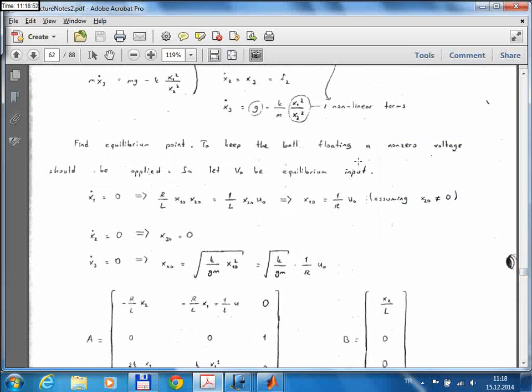Let's say V0 is the amount of the voltage applied. And the equilibrium point around that is given by this: the steady state value of the current is this much, and the position of the ball is this. So the ball will be floating at this point.